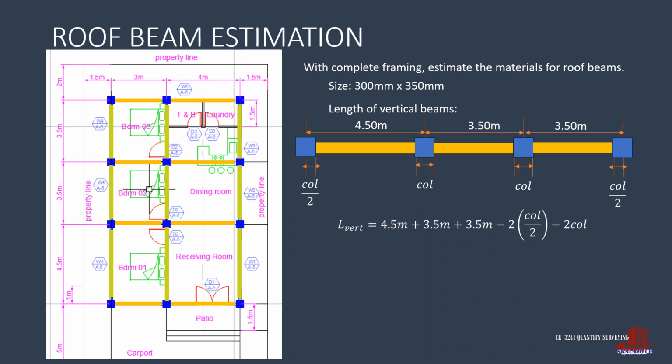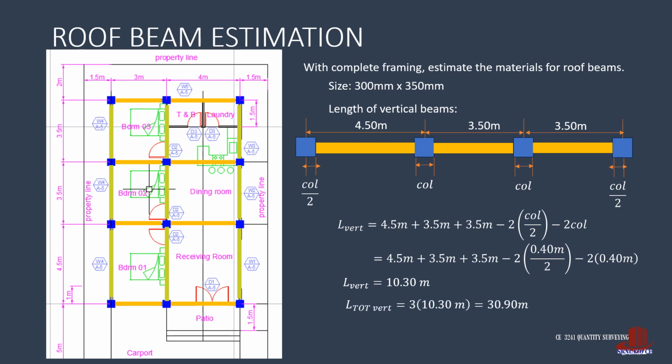In equation form, the length is then 4.5 plus 3.5 plus 3.5 less twice of half of 0.4 minus twice of 0.4 meter. The length then comes out as 10.30 meters. So the total length of the 3 sets of vertical beams amount to 30.90 meters. Placing the summation of lengths of horizontal and vertical beams is then 24.8 plus 30.9, which is equal to 55.7 meters.